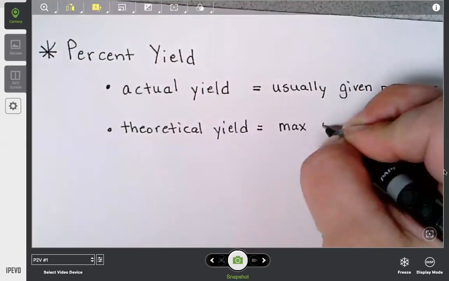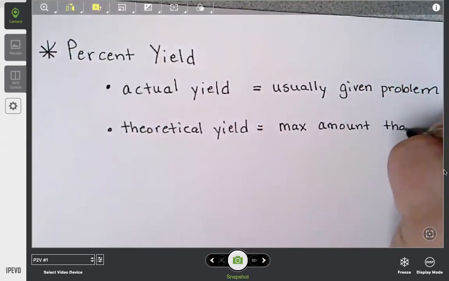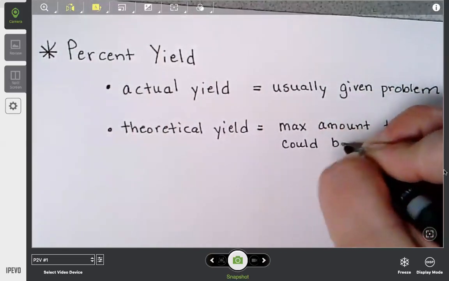This is the max amount that could be produced.